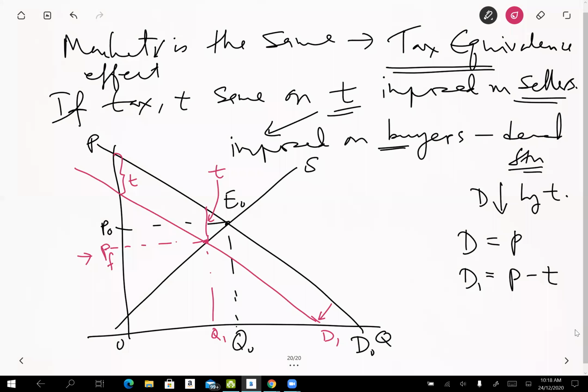And the price for the consumers is the price of the firm plus the tax. So that would be our price for the consumers. So the tax is equal to PC minus PF, which will be equal to PC minus P0 plus P0 minus PF.